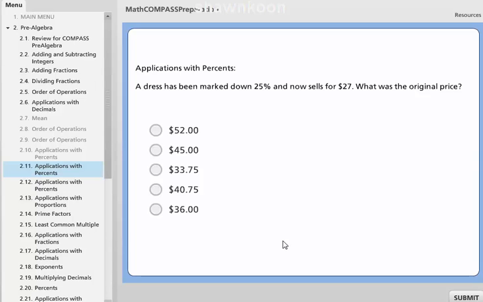2.11. A dress has been marked down 25% and now sells for $27. So what was the original cost? Okay, so 2.11, and the dress was marked down by 25%, which means they had a 25% sale, and now the dress is $27.